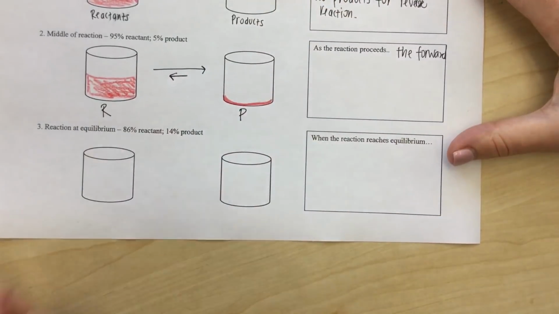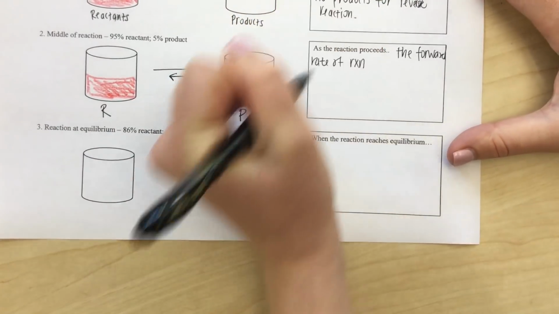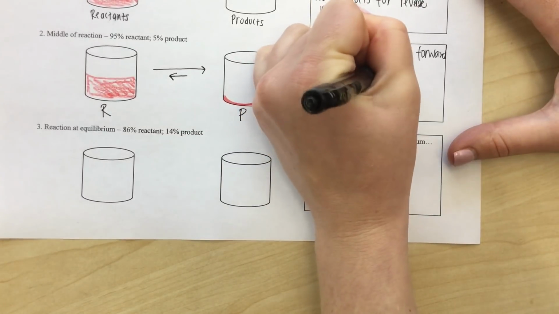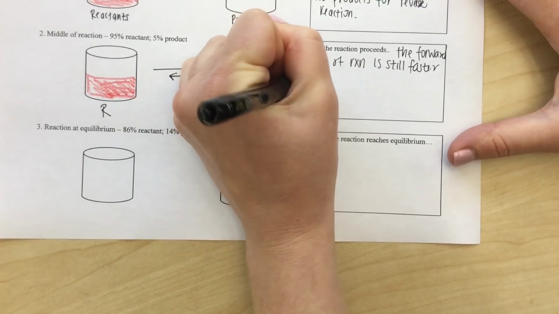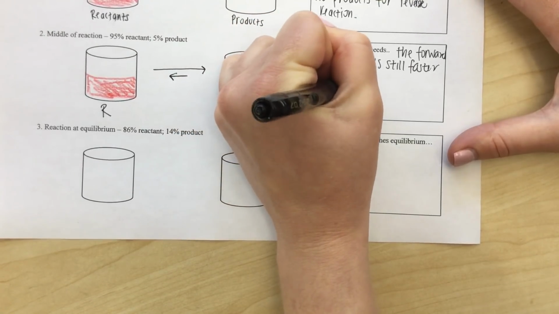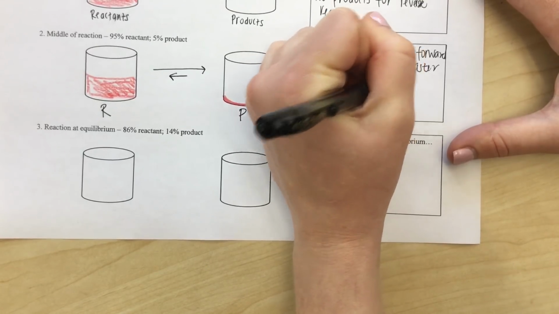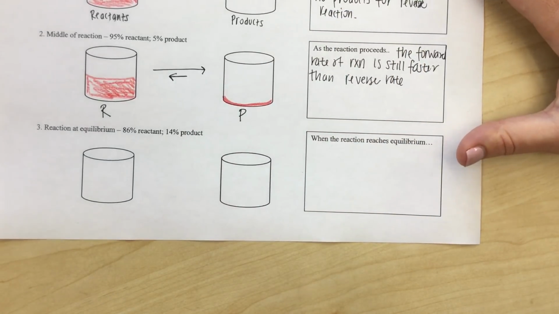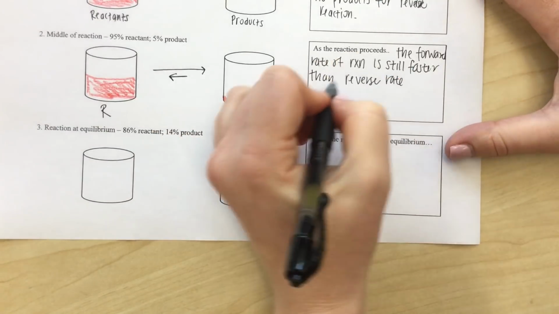So the forward rate of reaction is still faster than reverse rate. This causes an increased production of product overall.